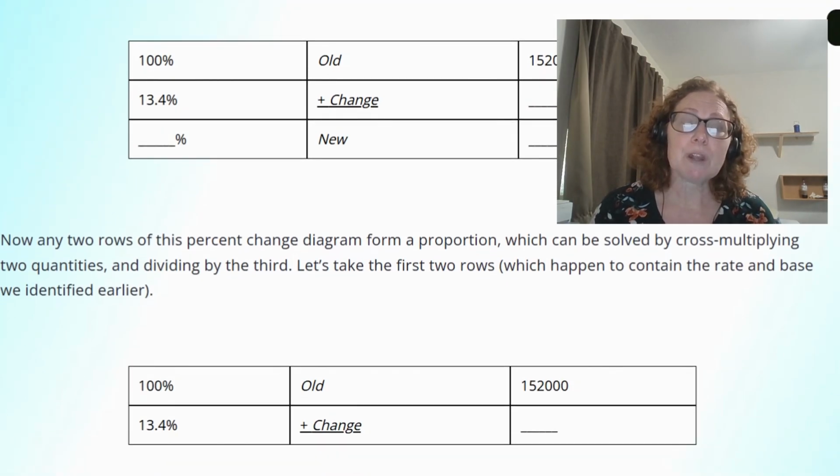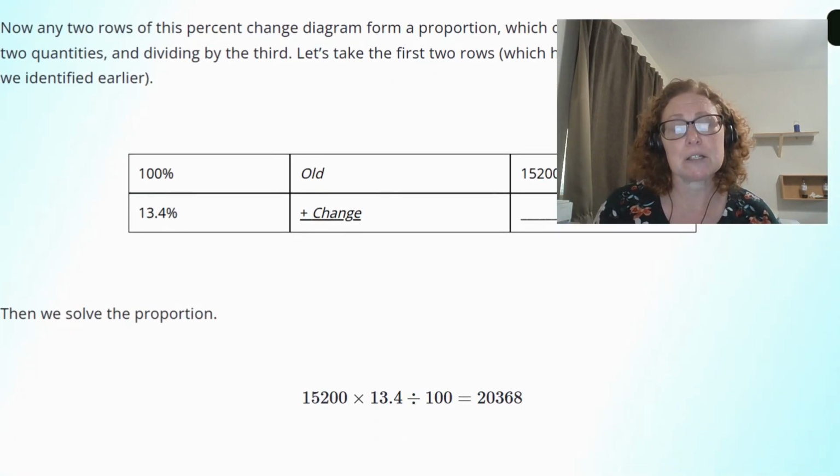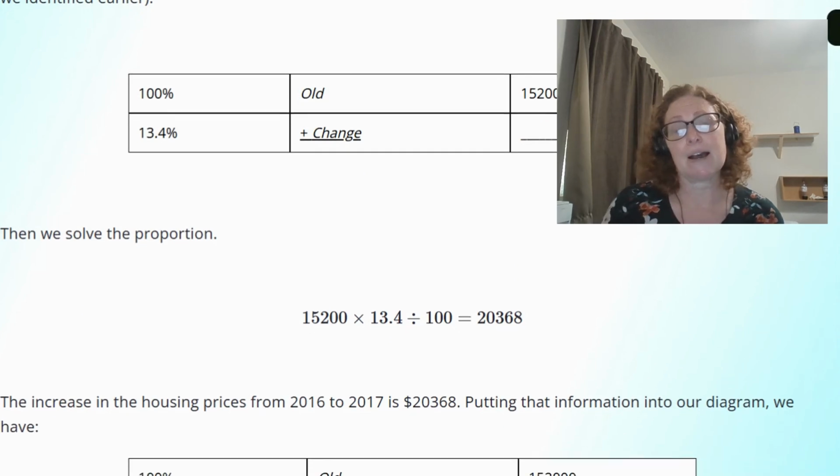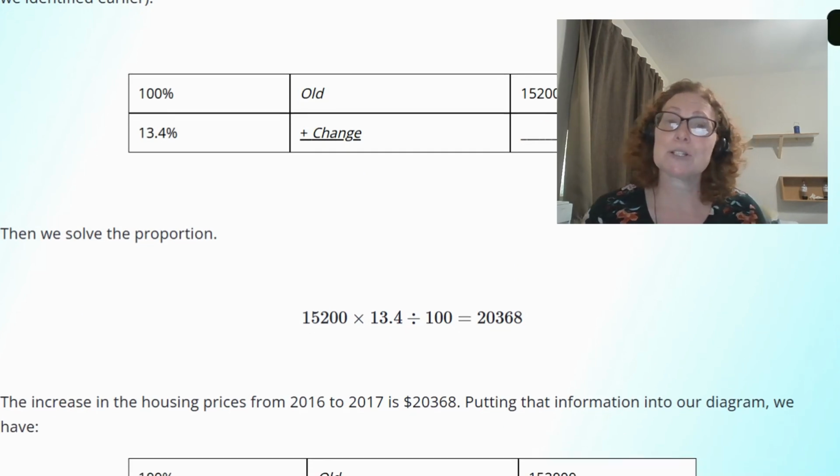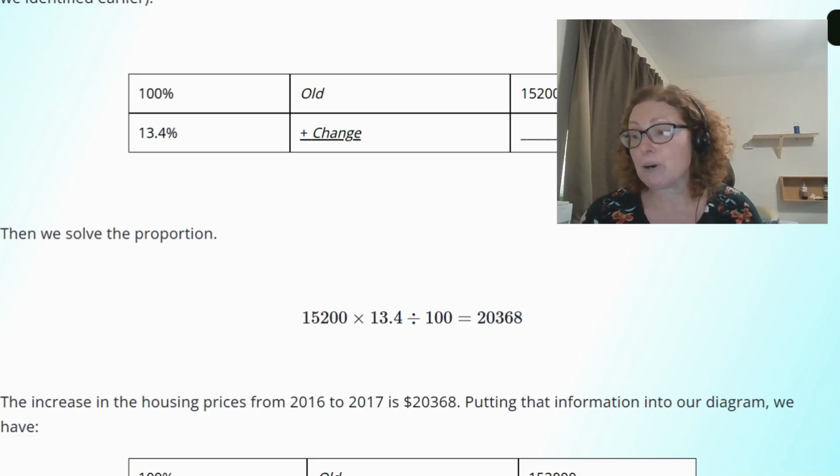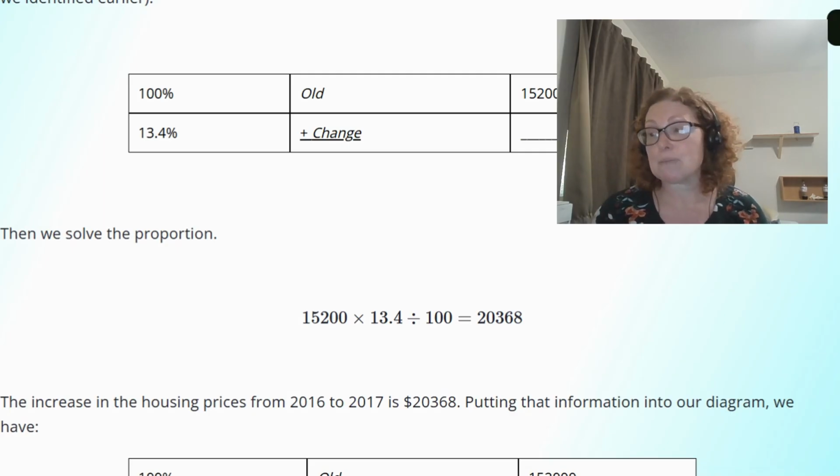So when we first look at this, we know that we start with 100%, and then we have the 13.4, which is the change, and then we know that 152,000 is the original amount. So then we do the math, when I said P equals B times R, 152,000 times the 13.4, and we got 20,368, right?